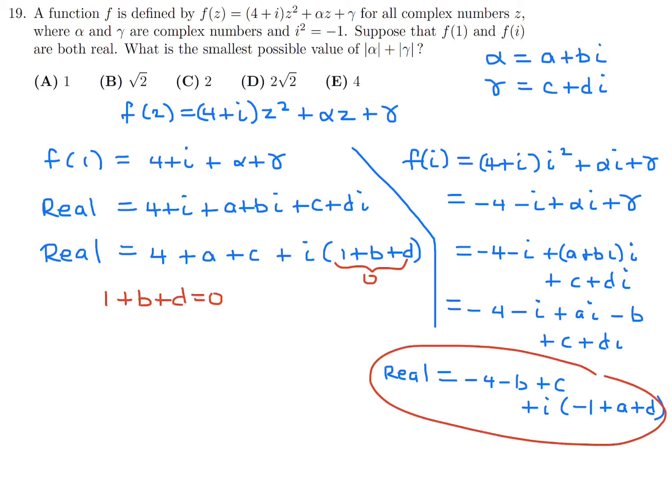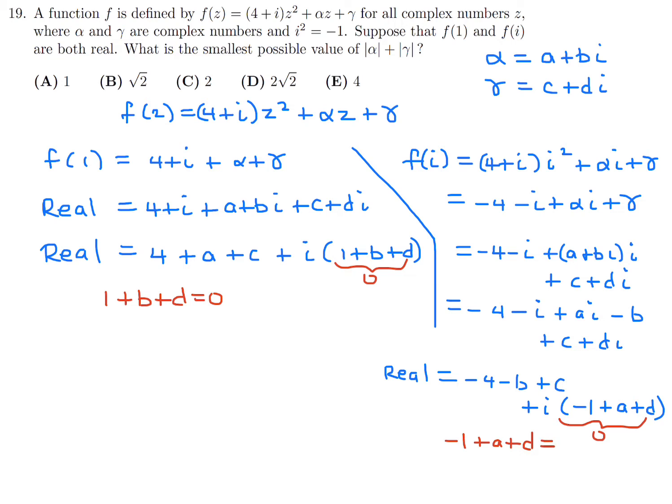And in the same way, over here, minus 1 plus a plus d has to be 0. Solving for this, what we are supposed to do is isolate for one variable here, and similarly isolate for one variable there.